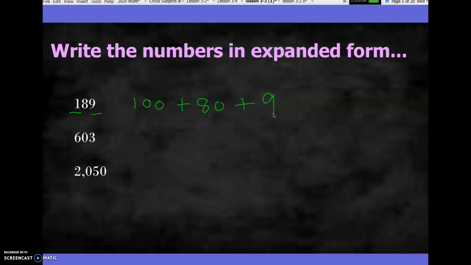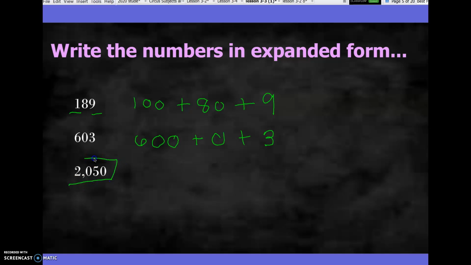Then I've got 603. Well, it's 6 in the hundreds place, so that's 600. There's a 0 in the tens place, so I have 0 tens. There's a 3 in the ones place, sorry. So that's 3 ones. So 603 is 600 plus 0 plus 3.